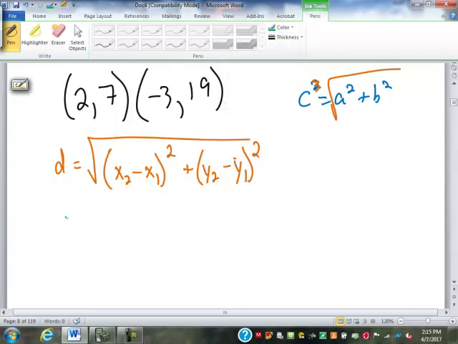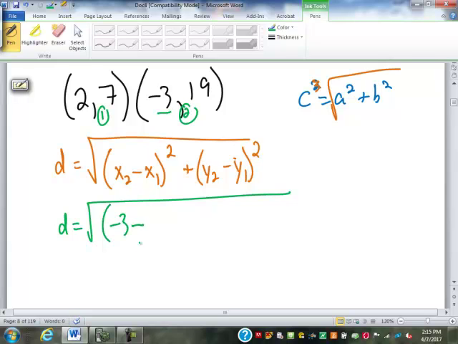So now let's put these points in there. Again, if I label them point 1 and point 2, what is x2? x2 is -3. Good. Point 2 x coordinate is -3. Minus x1 is 2.